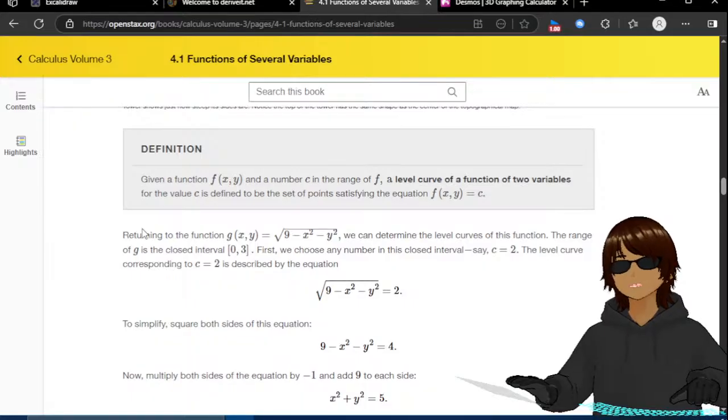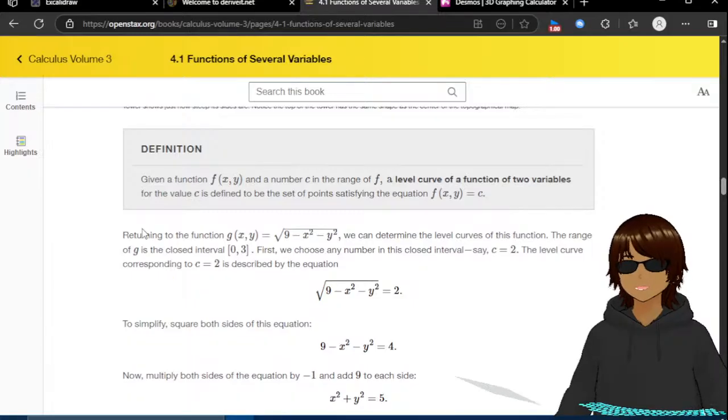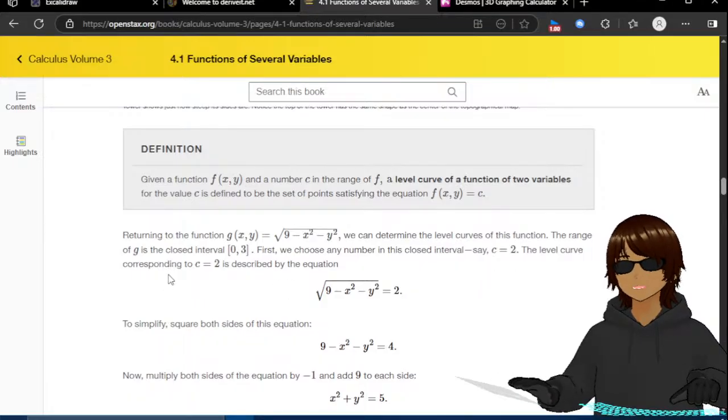Returning to the function g of x, y, we can determine the level curves of this function. The range of g is a closed interval. First, we choose any number in this closed interval, say c is 2. The level curve corresponding to c equal to 2 is described by the equation.